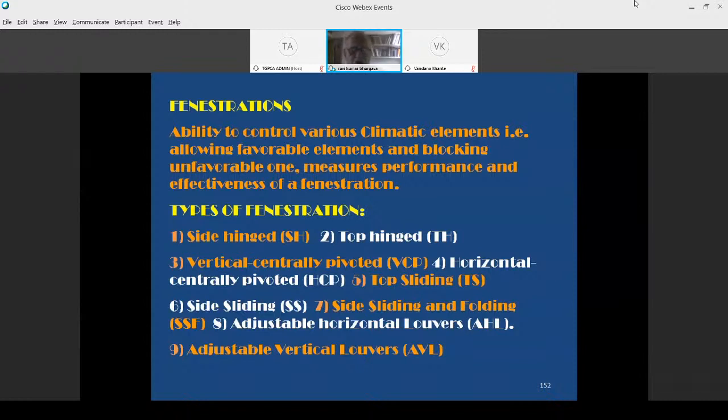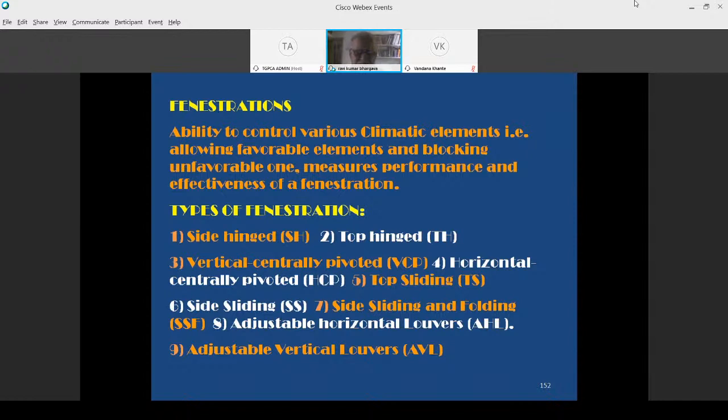Number two, top hinge or top hung window. Normally this type we use as a ventilator. Then vertically centrally pivoted window. Then horizontally centrally pivoted window. Again, this type we normally use for ventilators, but it can be used as a normal window also. There is no restriction as such.